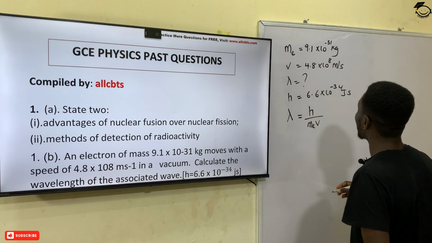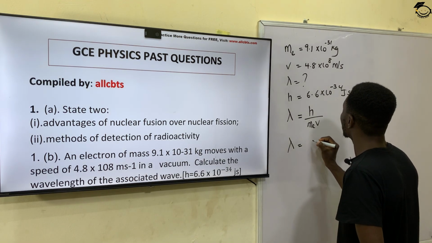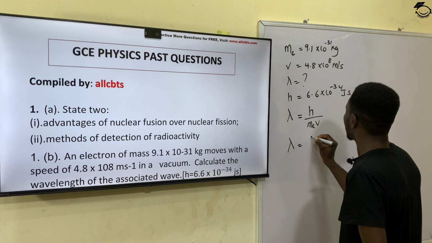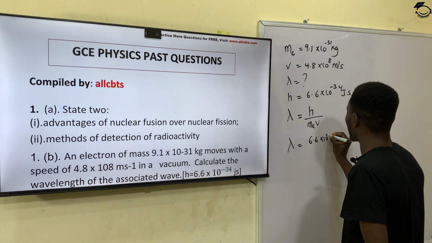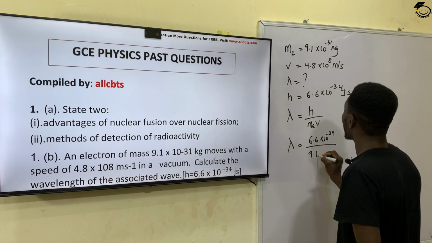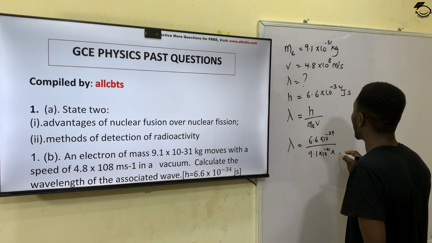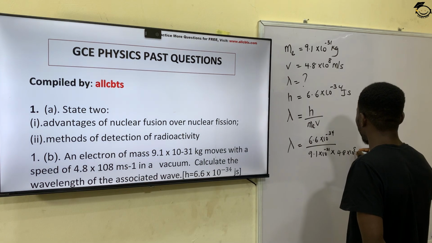So the wavelength is equal to 6.6 times 10 raised to the power minus 34 divided by 9.1 times 10 raised to the power minus 31 times the velocity, given as 4.8 times 10 raised to the power 8.